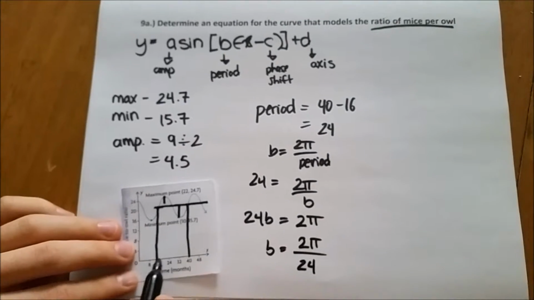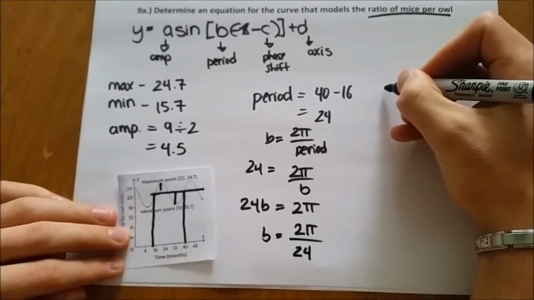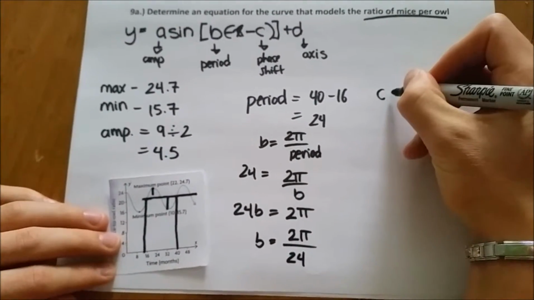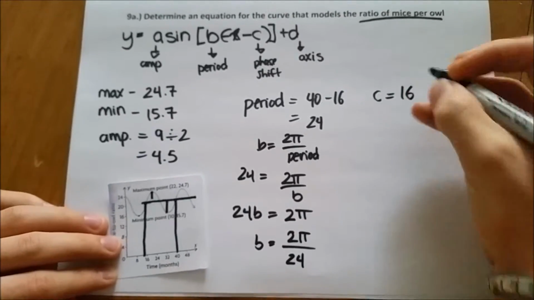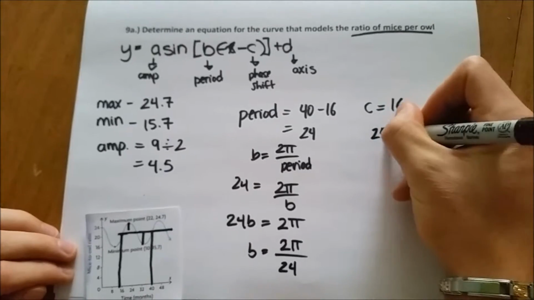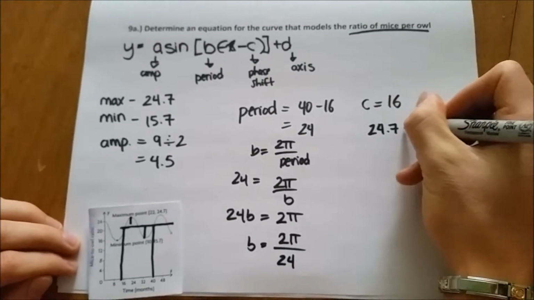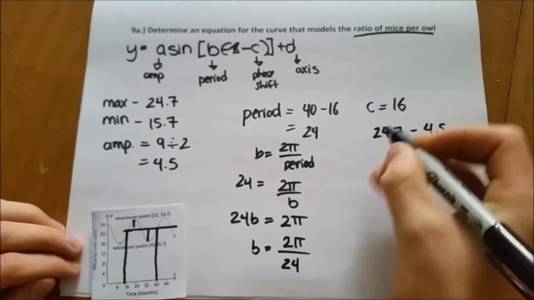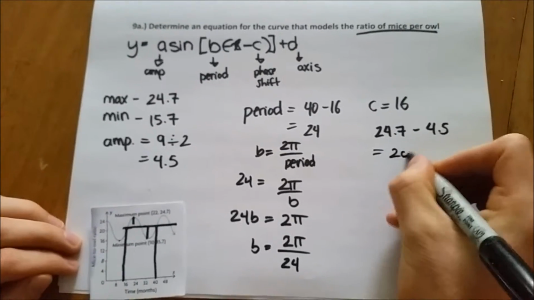And then our phase shift: since we started at time equals 16 months, our c value equals 16. Our axis is our maximum or minimum value minus 4.5, and that equals 20.2.